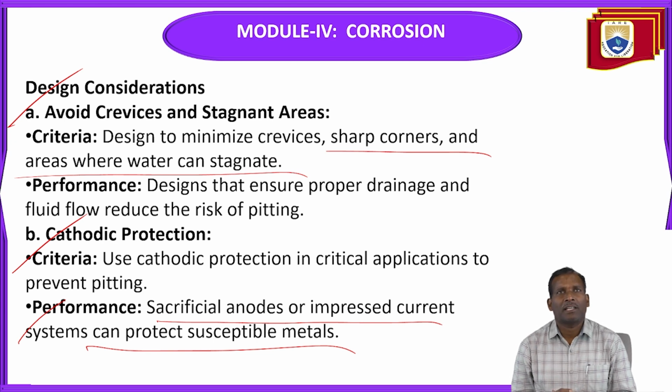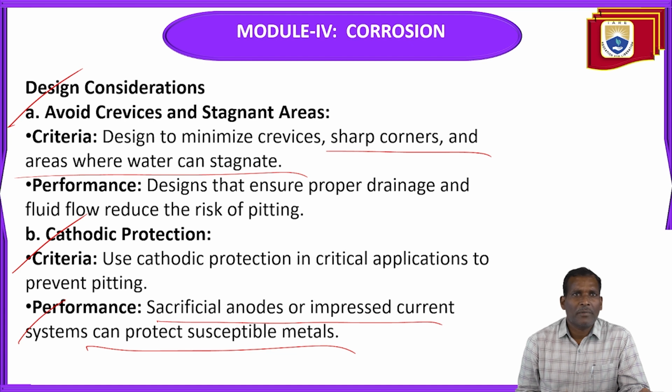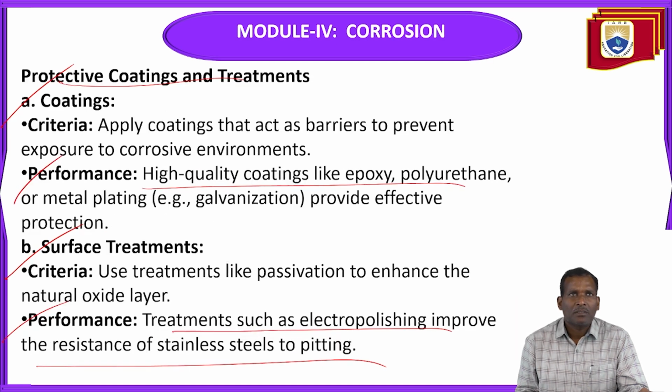And some design considerations also we have learned, how to avoid crevices and stagnant areas, and similarly how to avoid corrosion by using cathodic protection. So similarly, protective coatings can minimize the corrosion.